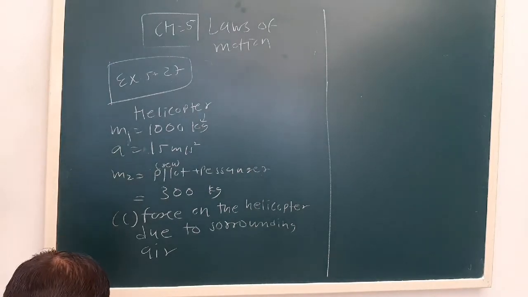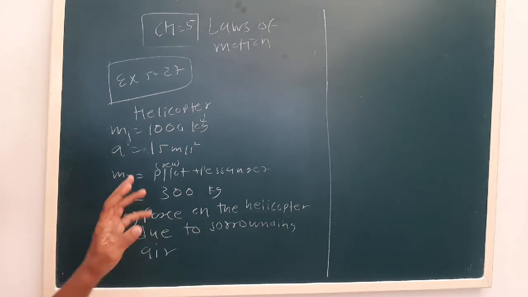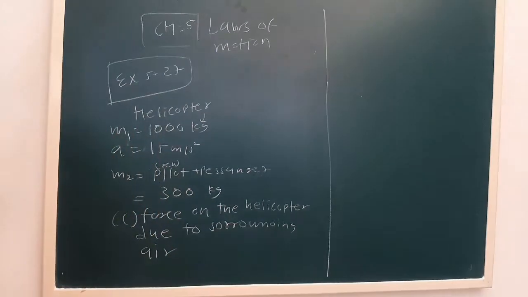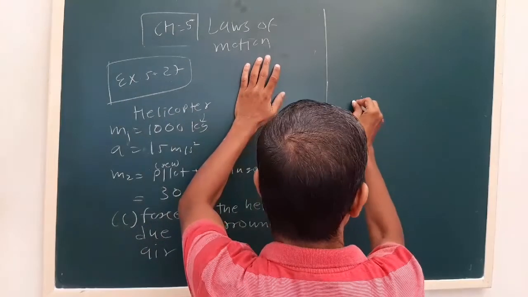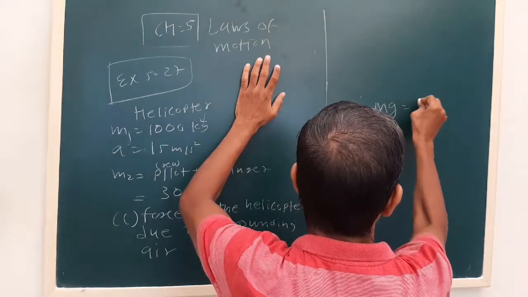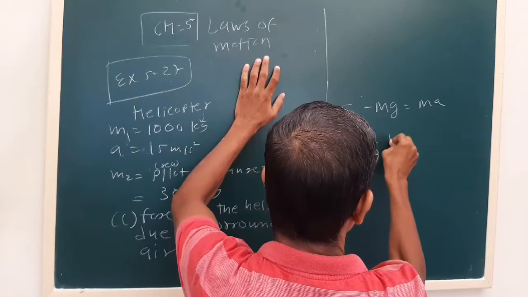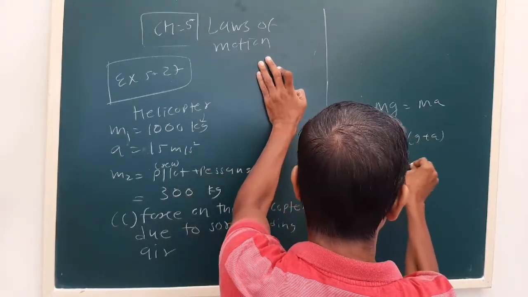Whatever force was exerted by rotor on the surrounding air, by Newton's third law the same force will be acting on the helicopter due to surrounding air. So it will be again the same equation. F minus mg is equal to ma. M is total mass, we have considered, m(g + a), that is 1300.